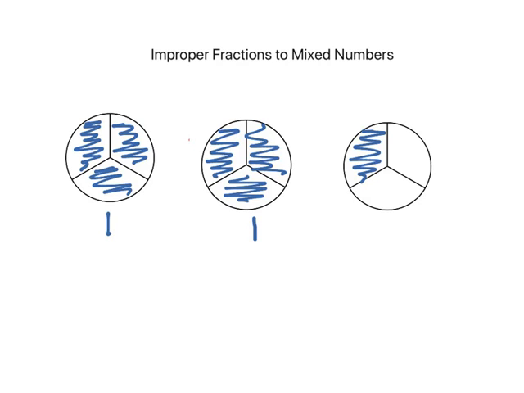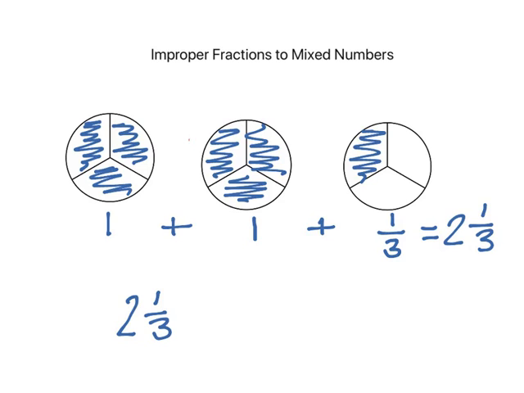That third pie is separated into 3 parts, and only one piece is filled in, so we can think of it as 1/3. Then we simply combine: 1 plus 1 plus 1/3 is 2 and 1/3. So we have 2 pies completely filled in, and then 1/3 of that last pie filled in.